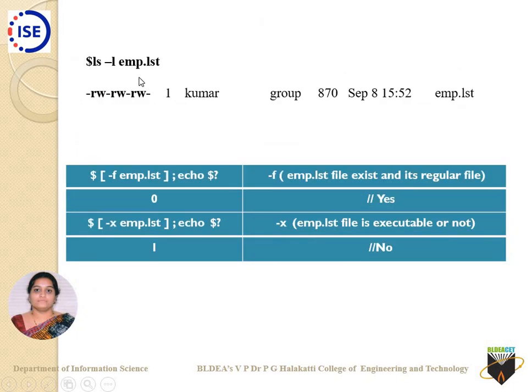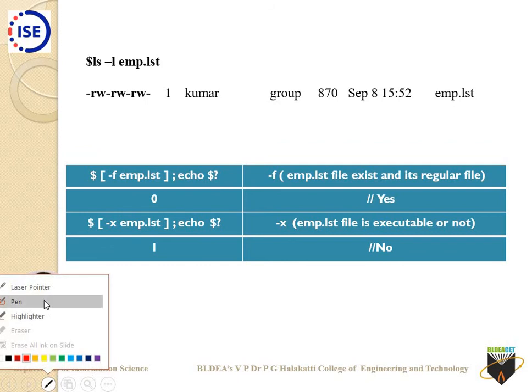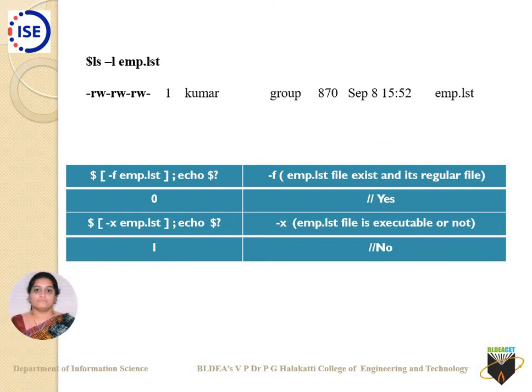Here you can come across the same one, ls -l. I am showing the seven-column display of this file named emp.lst. Looking at emp.lst, I find that these are its attributes. Now at the prompt, without using test, if I use -f emp.lst and then echo $?, which gives the previous command's success status, it returns 0, which says the file is existing.